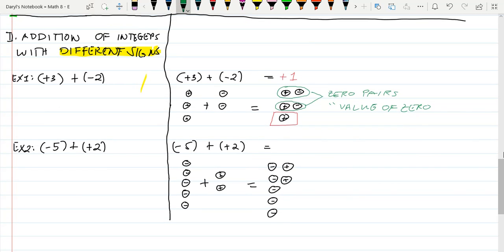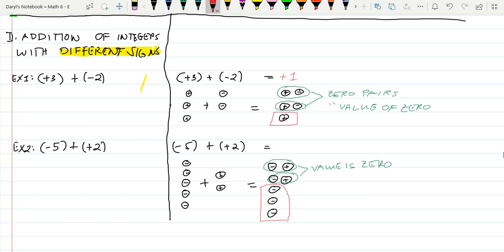The value of these is 0 because they are just zero pairs. That means that the answer is essentially the remaining 3 negative chips.